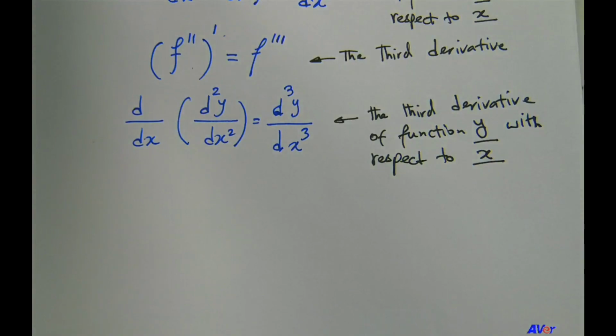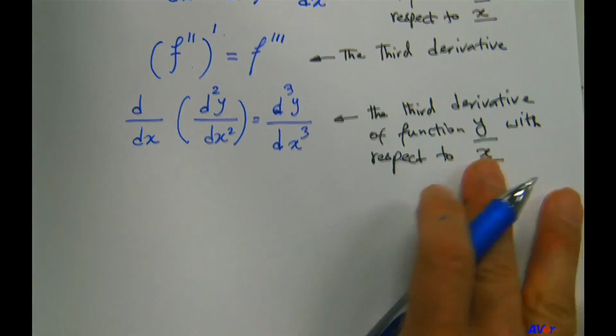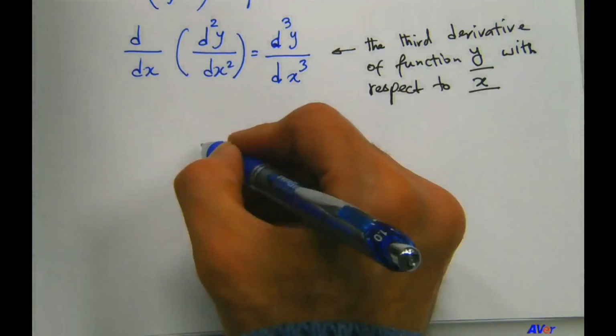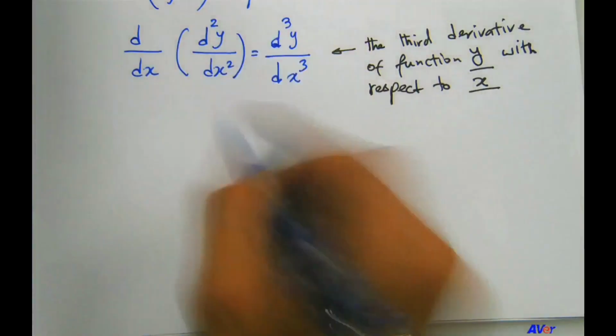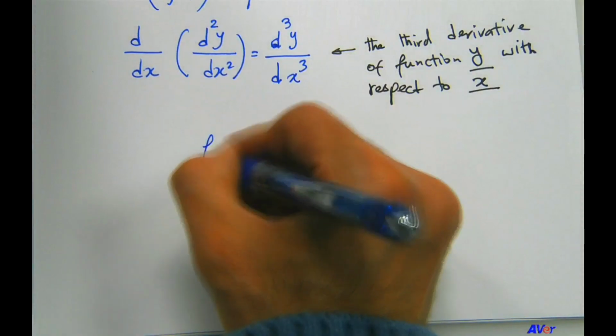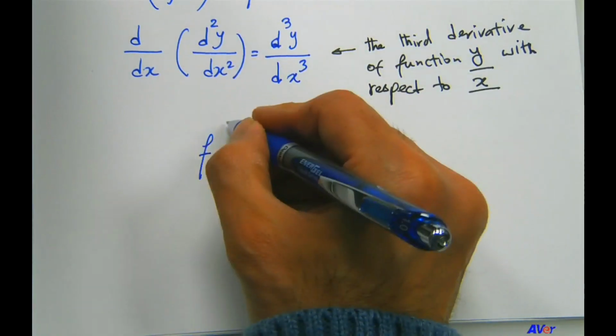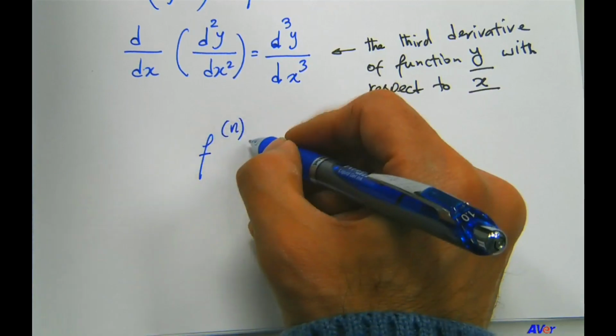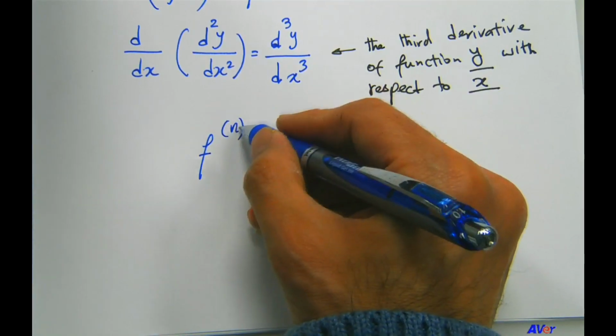Do we have a generalized notation? Yes, we do. Suppose you have, instead of f prime and this, we can substitute that with an n variable. So n is some positive integer.